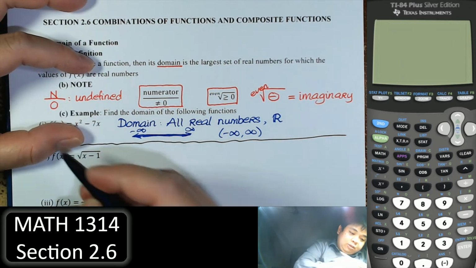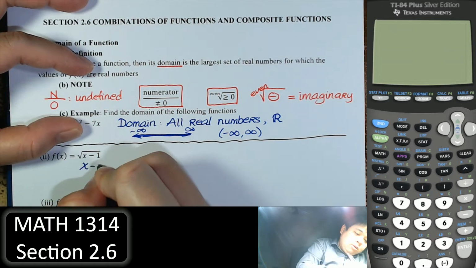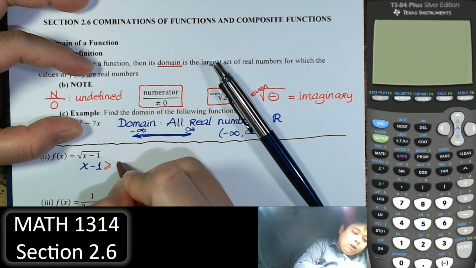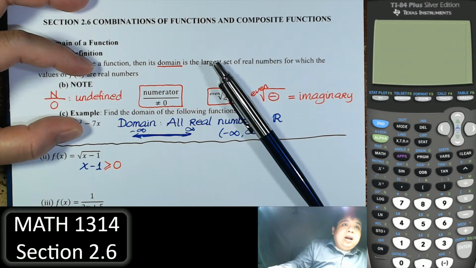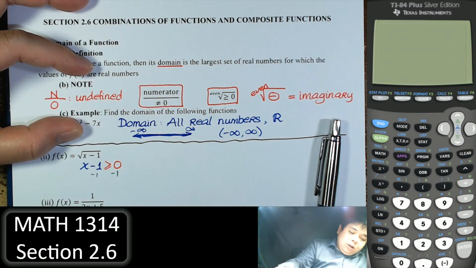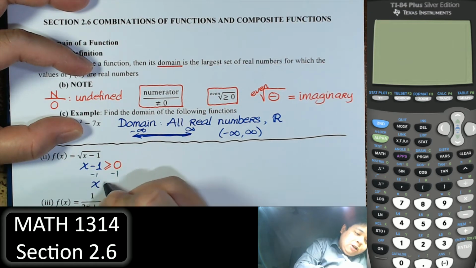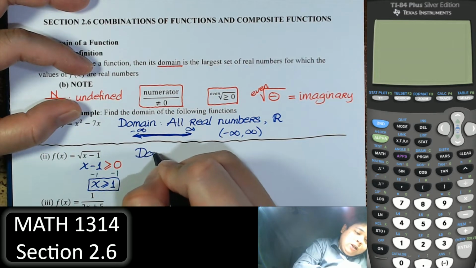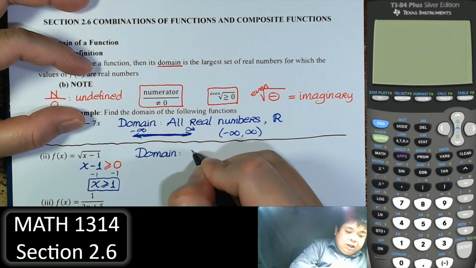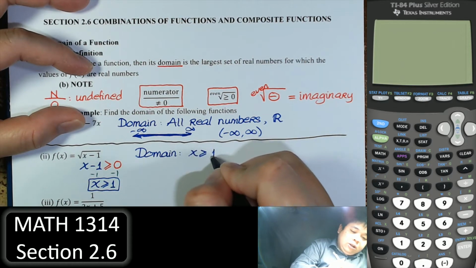So we said x minus 1 must be greater than or equal to 0, and add 1 on both sides, x greater than or equal to 1. Right. So we write the domain: x greater than or equal to 1.